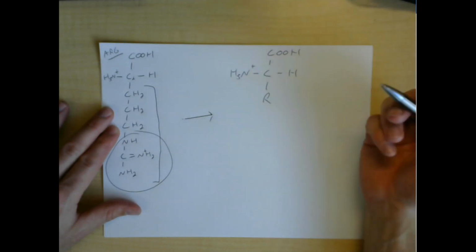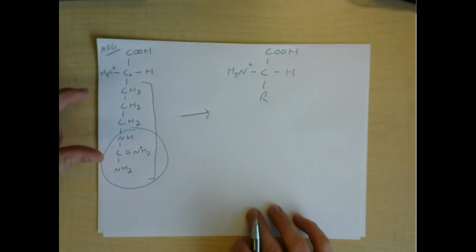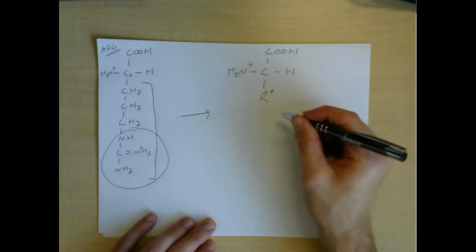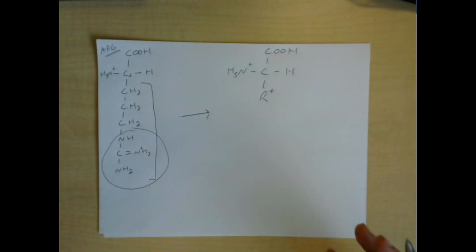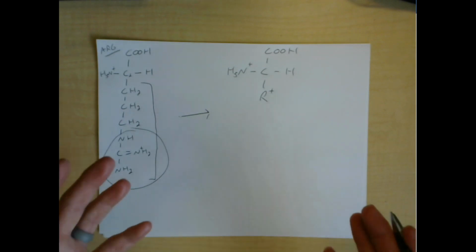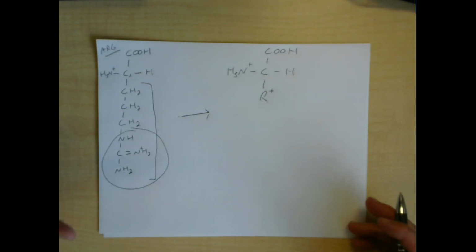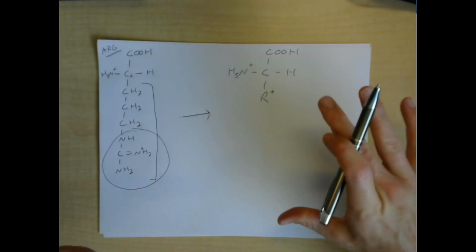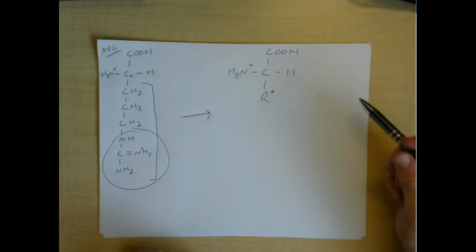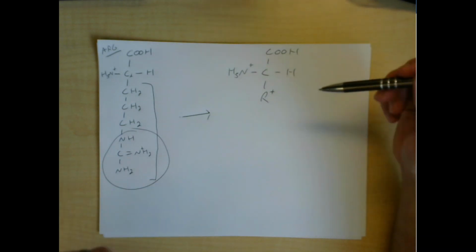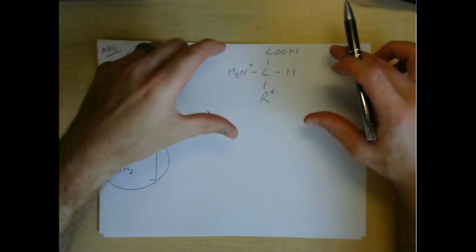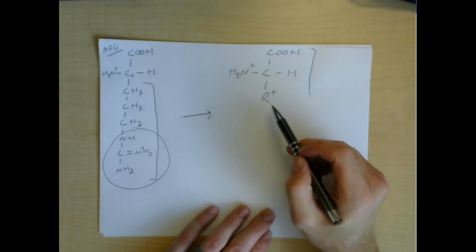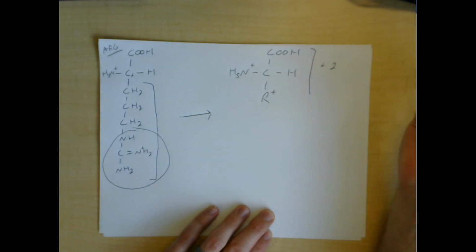I'm just going to draw literally an R. And if I know the structure of arginine, I know that this is going to have a +1 charge, so I'll just draw that. For my purposes, that tends to work, especially for a problem like this. It does help that you can draw the structure to start with. Now let me calculate the charge. So this 1 and 2 has a +2 charge.